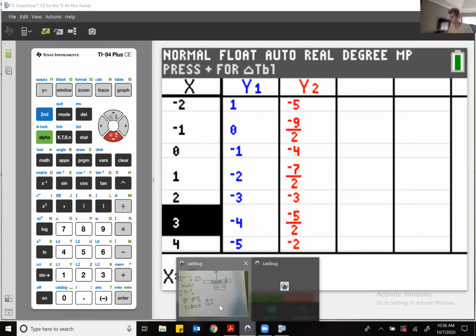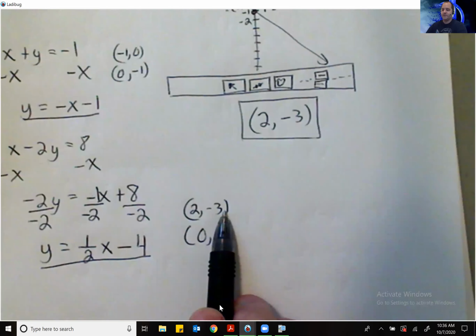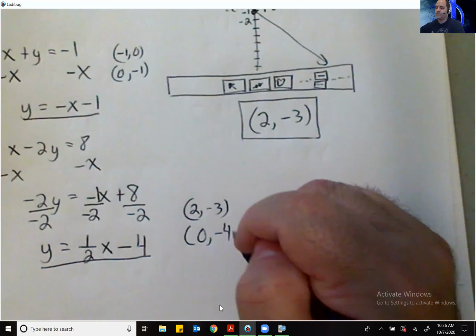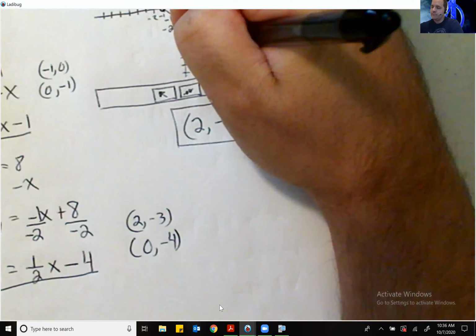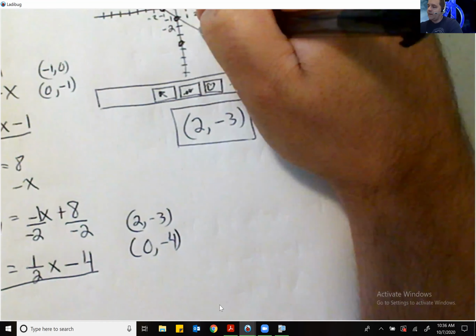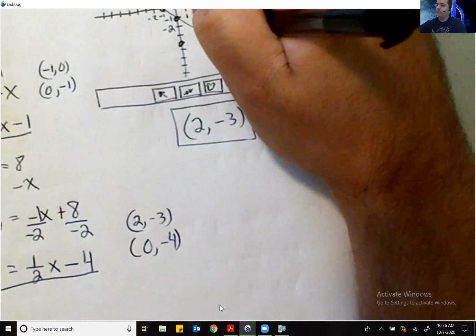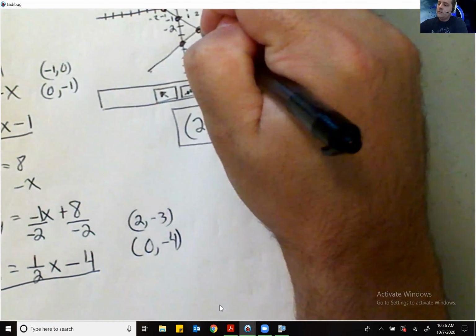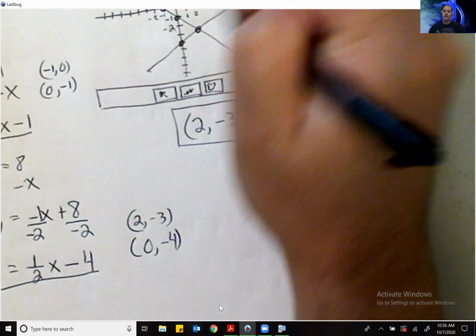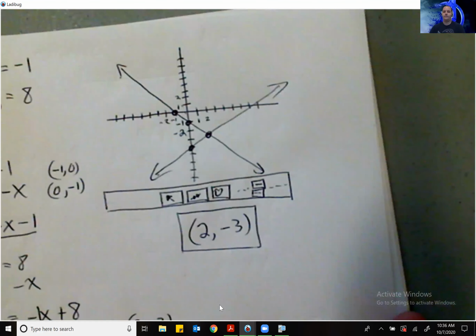Let's take those 2 points. So we've got 2, negative 3, and 0, negative 4. So 0, negative 4 is right here. 2, negative 3 is right here. And then we just grab and we graph. And that's what it looks like.